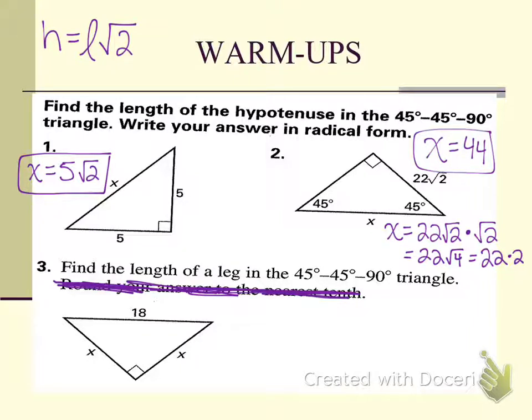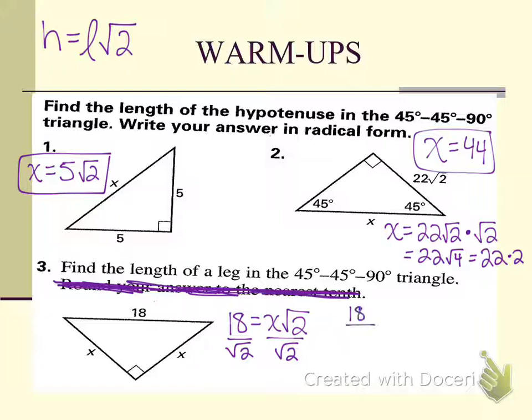This time, what's the hypotenuse labeled? 18 equals, a leg is labeled x square root of 2. In order to get x alone, what operation do I need? Division. We'll divide both sides by the square root of 2.